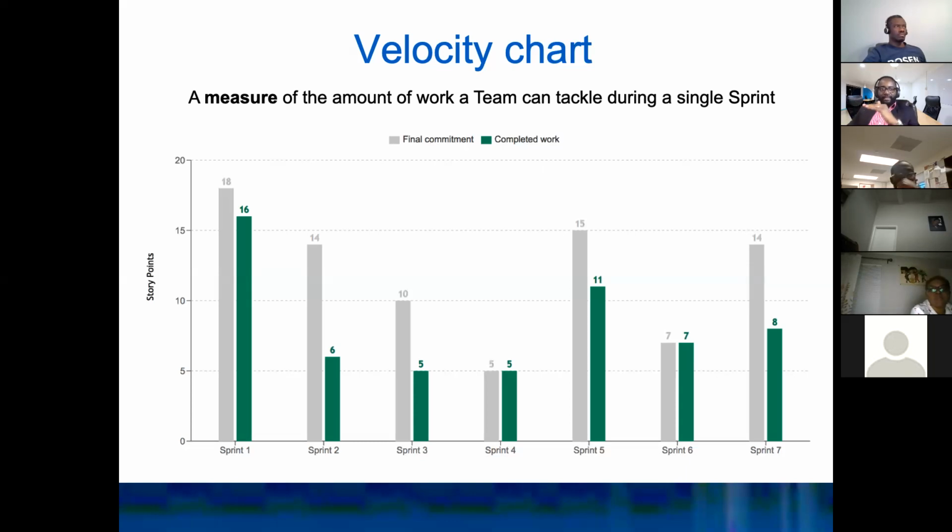Their velocity is normally 20 points. But since it's 5 points per person, and now people are out for that sprint, what's the team capacity? It's 10, right? So they won't be able to take more than 10 points, because for the next 2 weeks of that sprint, people are taking some days off, for example.